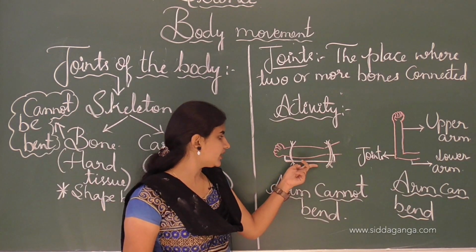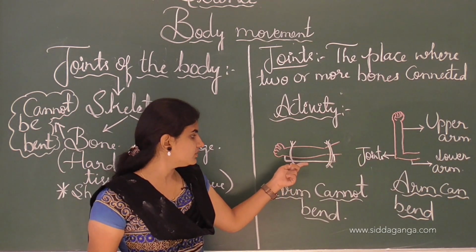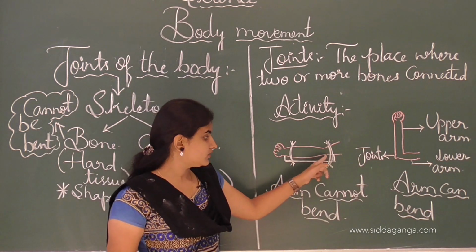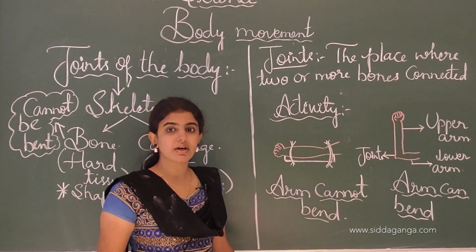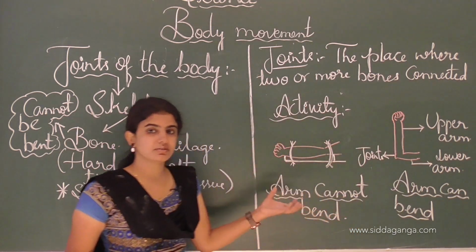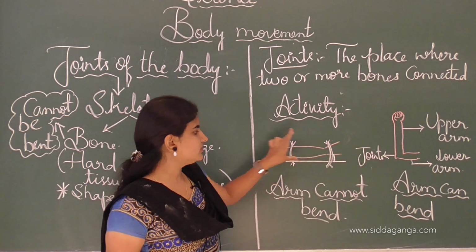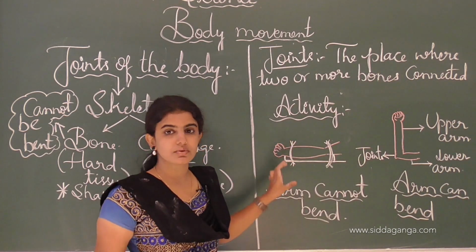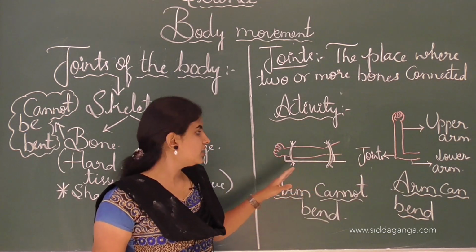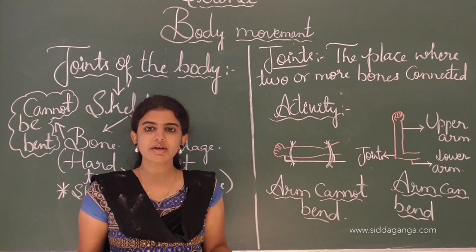We have to tie both the stick and the hand in such a way that the elbow is present at the middle, the center of the stick, and afterwards try to bend or rotate the hand.